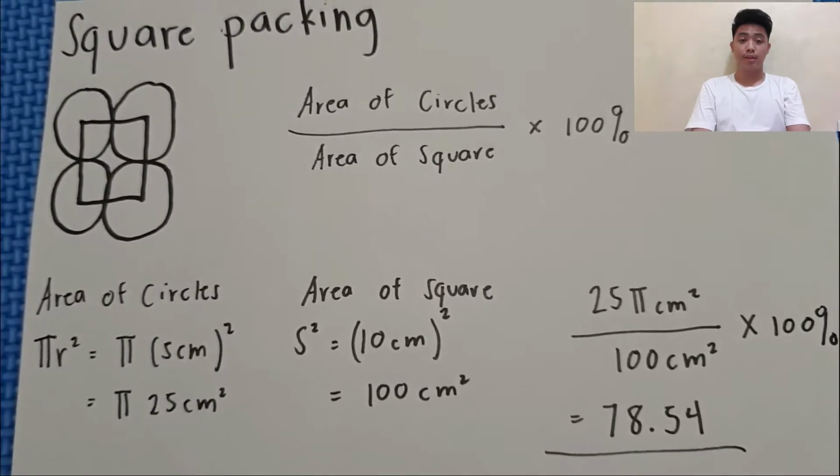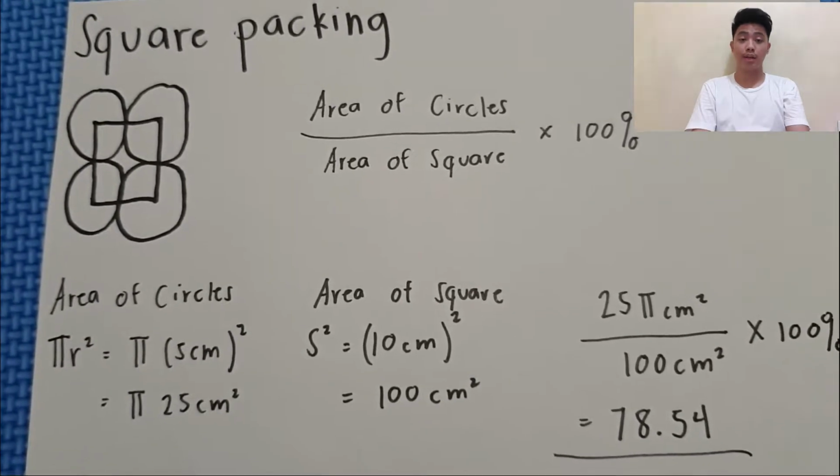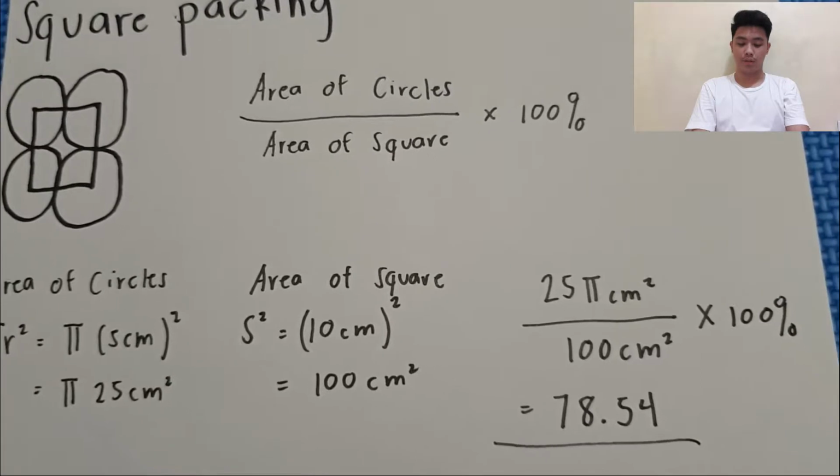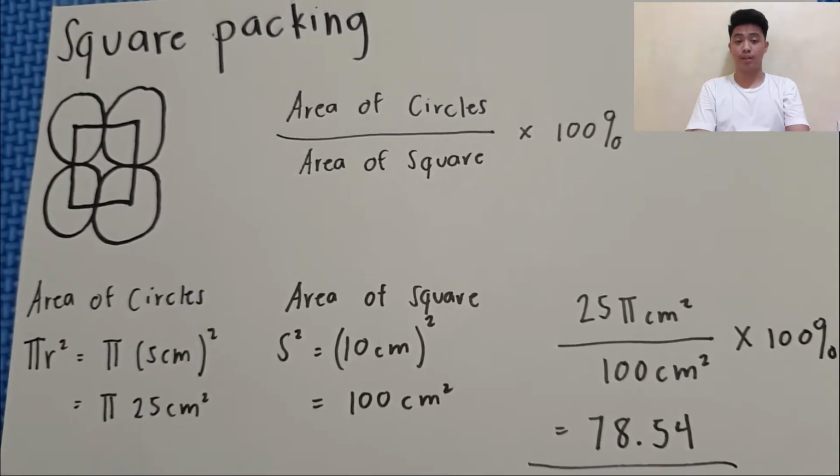Next, you will have to get the area of the square. The formula is s squared. s is 10, which is the diameter of the circle.